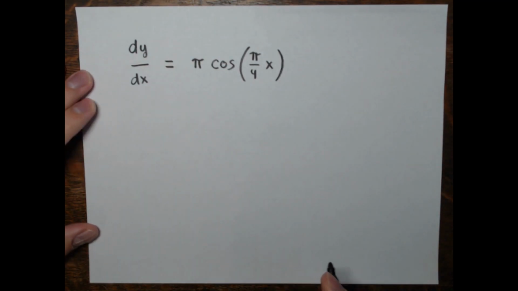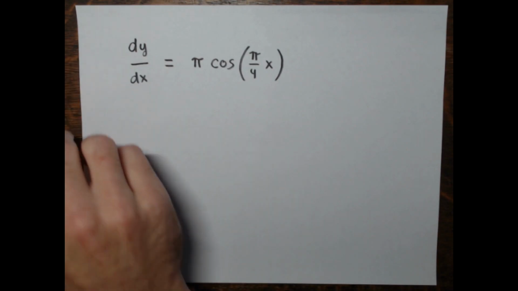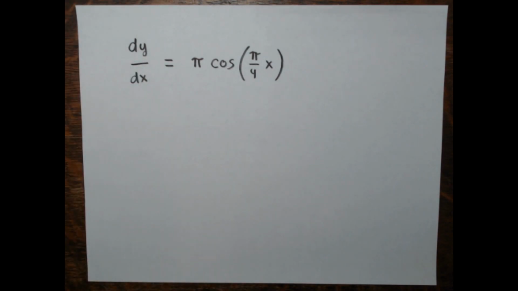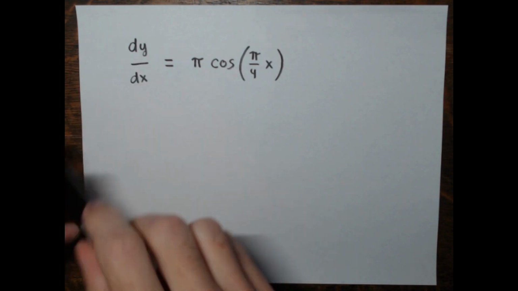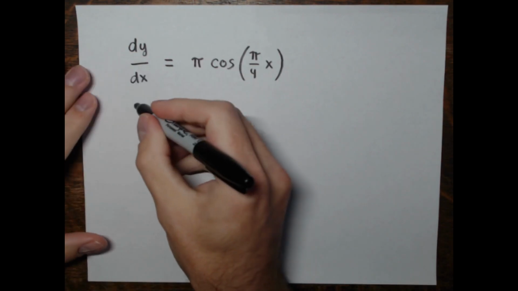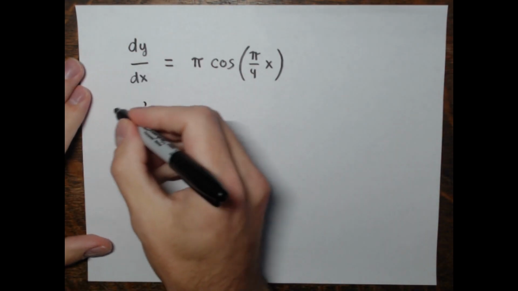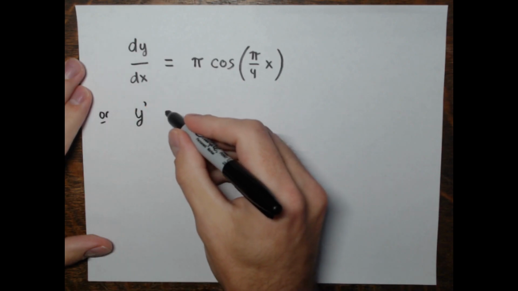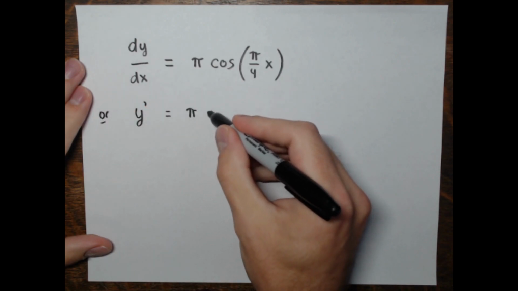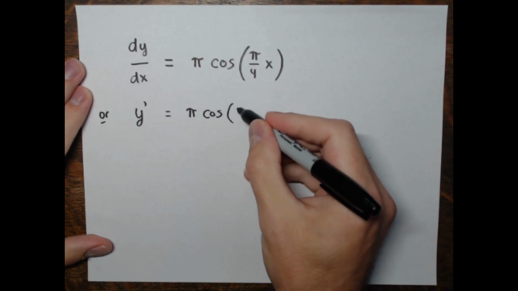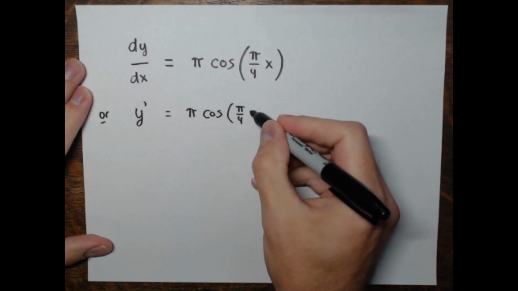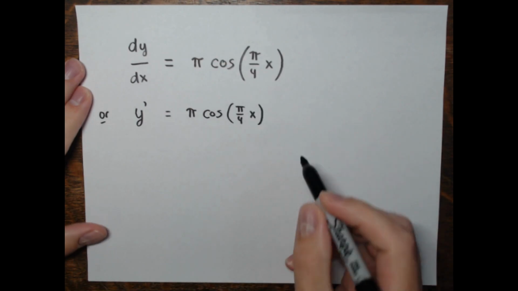Same thing. Now, like I said, this is the first derivative here, right? That's dy dx. So you could also think of this as y prime equals pi times the cosine of pi over 4 times x, or pi x over 4.